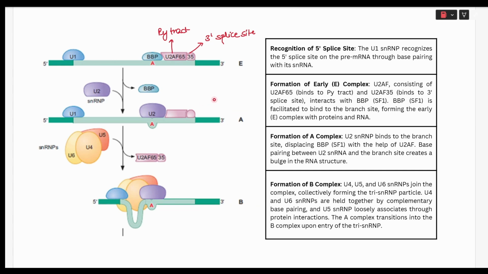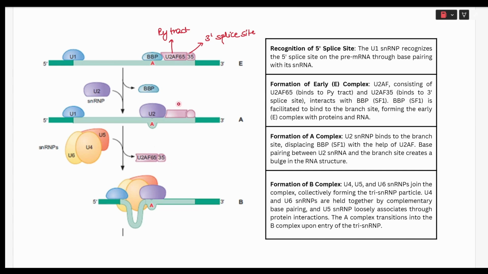So as you know, the A complex is formed. After that, the U2AF65 and 35, these two brothers, we will be replacing them. And who will be taking their place? This complex, which contains 3 snRNPs: U4, U5, and U6.